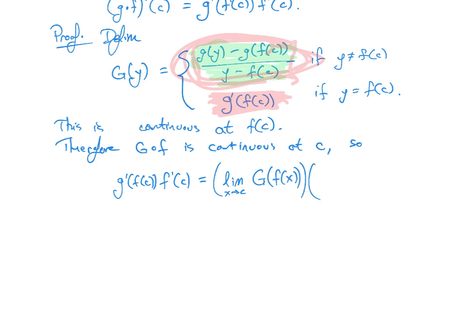And we know that f prime is, well, I'm just going to write in the definition. Both these limits exist, as we've talked about before. One because f is differentiable, the other one because we said that capital G is continuous at the point. So I can do the product of limits thing.